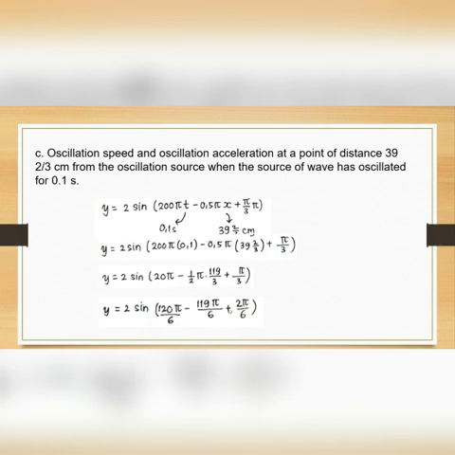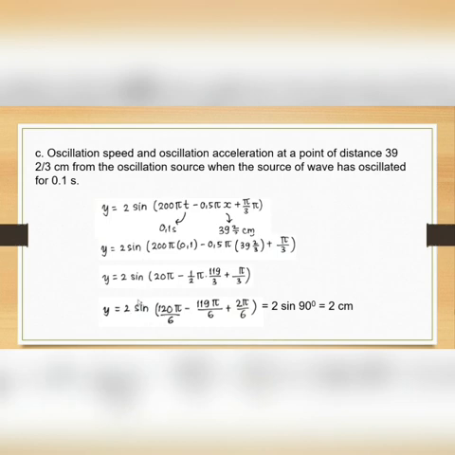So this will give us the value of 120 pi minus 119 pi is 1 pi, plus 2 pi will give us 3 pi over 6. So we have the value of 2 times the sine of 3 pi over 6, which is 90 degrees. The sine of 90 degrees is 1.